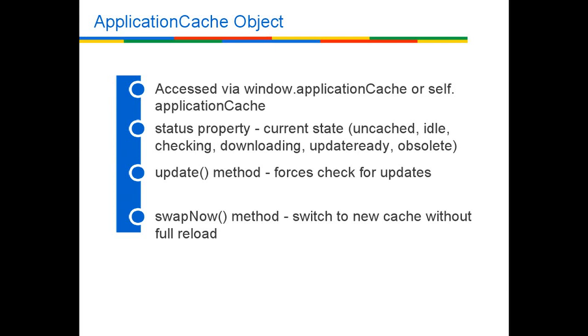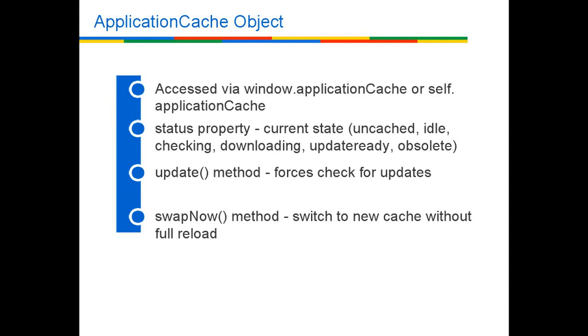There's this ApplicationCache class, so to speak, and compliant browsers will have an applicationCache property, lowercase a at the beginning, capital C in the middle, that you can interrogate. And you can also use self.applicationCache, and that's primarily useful when you're accessing this from a web worker. Web workers don't have the window object.